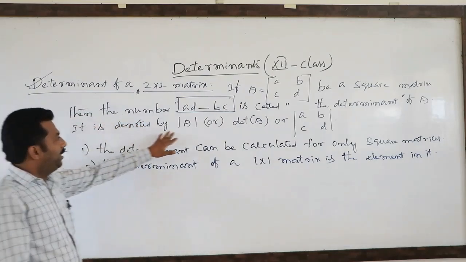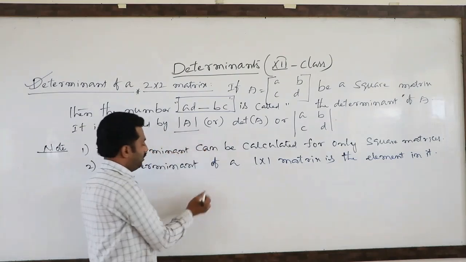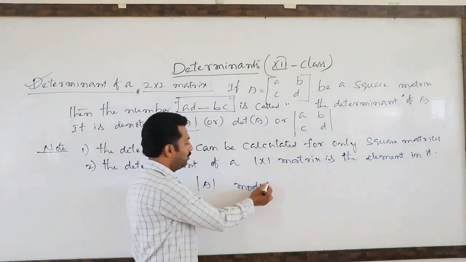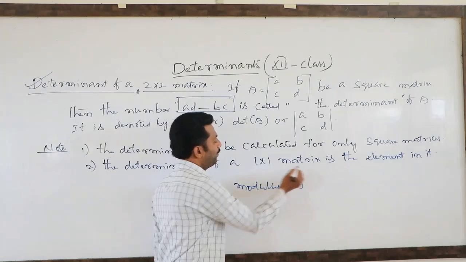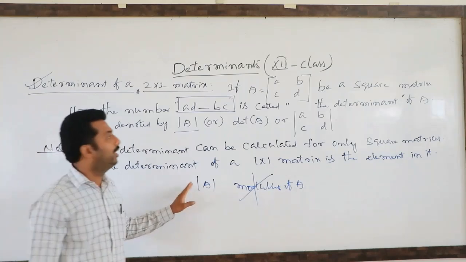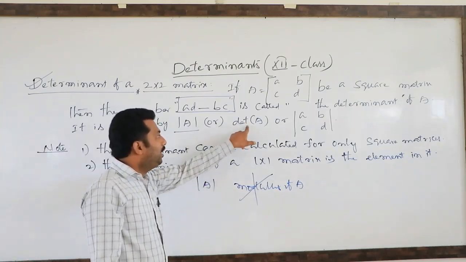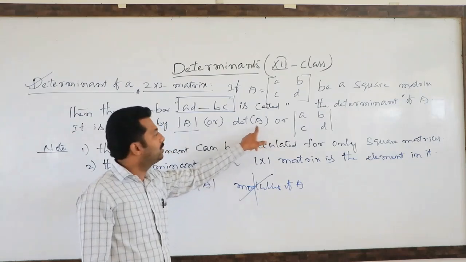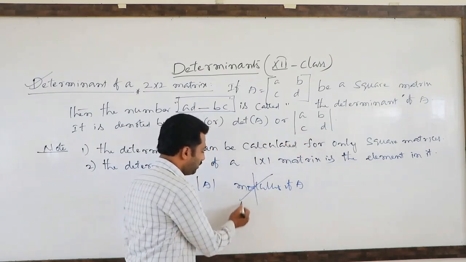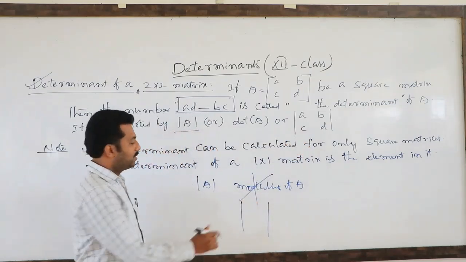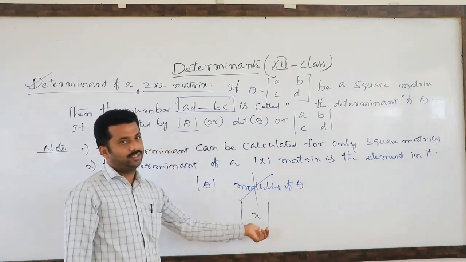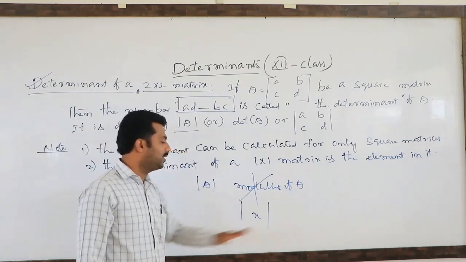Actually, the determinant of A is denoted by this symbol; this is determinant of A, not modulus of A, you remember. You have to read it as determinant of A, or det A. Suppose for one element, if you write it, that is the modulus of x, which we discuss in the functions chapter.